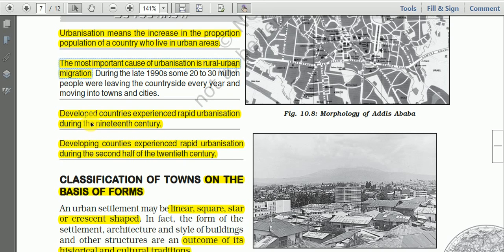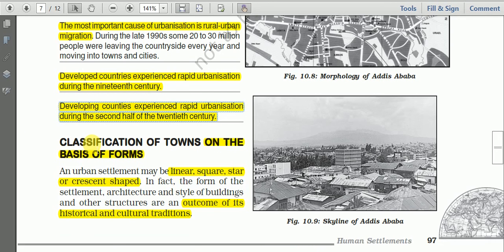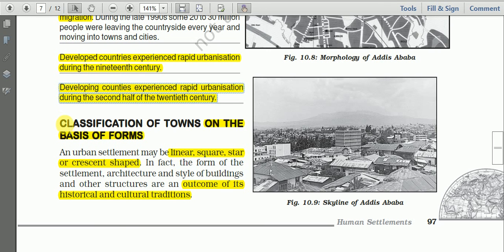And one more piece of information: developed countries experienced rapid urbanization during the 19th century, whereas developing countries experienced rapid urbanization during the second half of the 20th century. That means these developing countries are late. Next we have the classification of towns on the basis of forms.